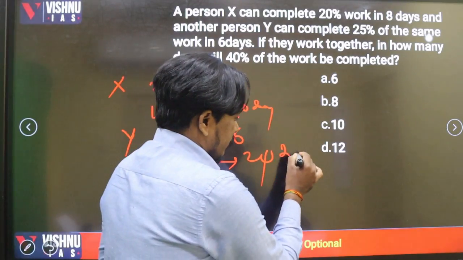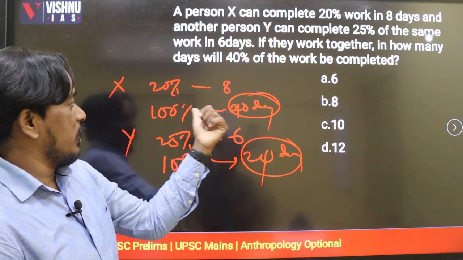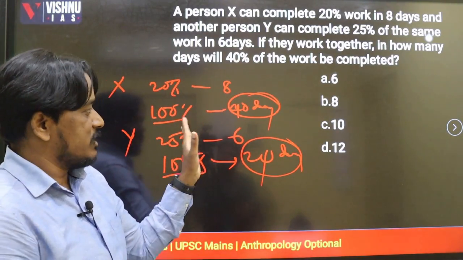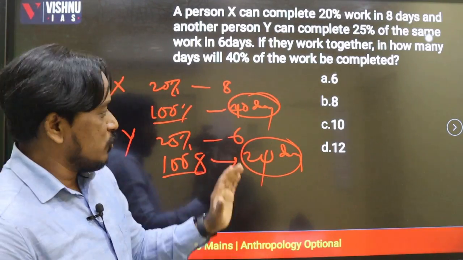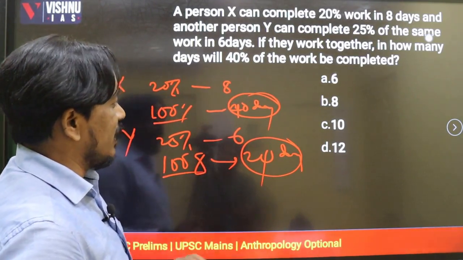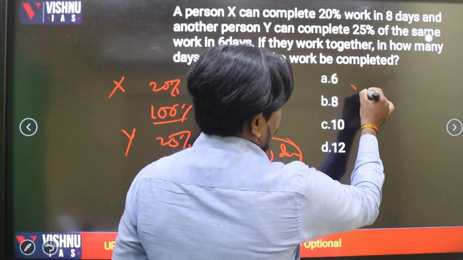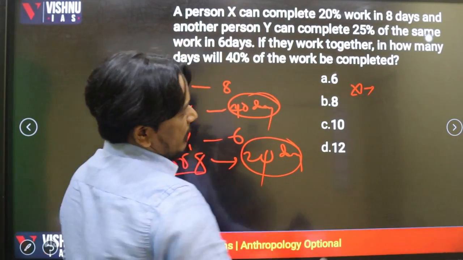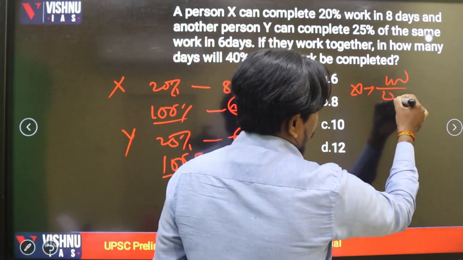See, this is person X and person Y. So the total work is 100%. That means if you consider total work as 100 units, they are completing it in 40 days and 24 days. Based on this, if you want to calculate the efficiency of person X, the total 100 units of work he is completing in 40 days.